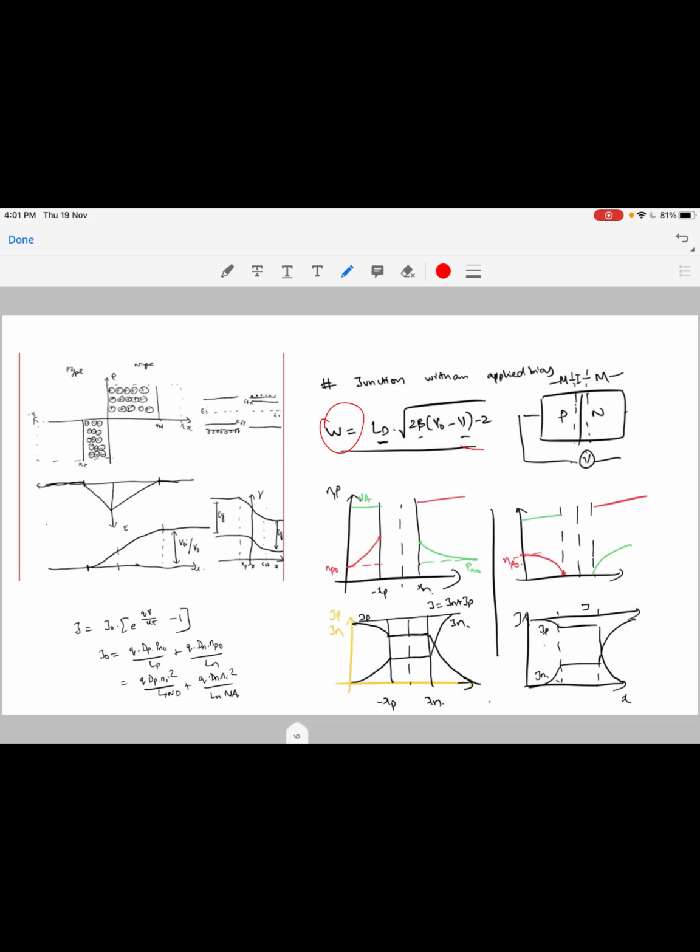And the total current at any applied bias is the summation of the electron current and the hole current, as seen here, and this is how they distribute. The current is predominantly carried by the diffusion part in most cases, because the minority carrier density on either side is much smaller than the majority carrier concentration, and hence the drift component is significantly less when compared to the diffusion current, and the total current is only the diffusion component.